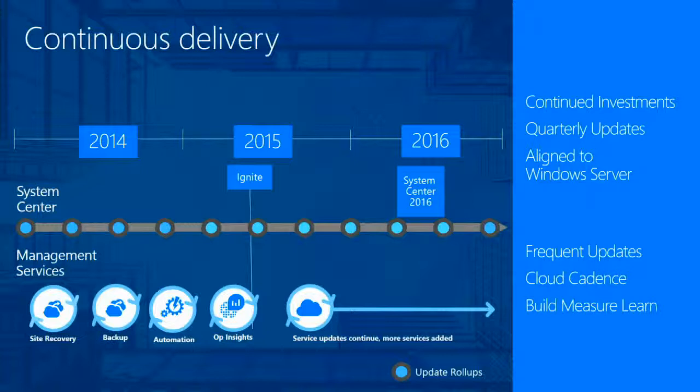Right as 2012 R2 shipped, we started working on a cohesive set of scenarios, organized into about 4 or 5 pillars across Windows Server and System Center and Azure, and went through a lot of planning meetings where we then broke those pillars into scenarios. So you're seeing the result of a lot of that work today.